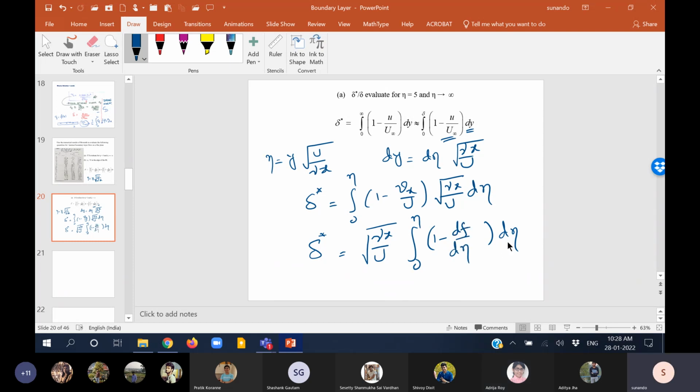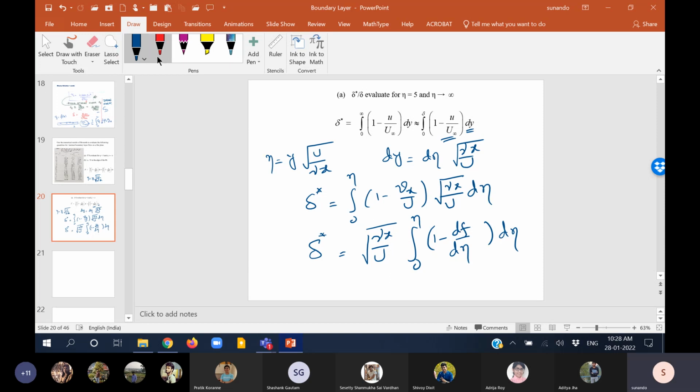So now you can see that we have started with the definition of delta star and converted it into d eta, etc.